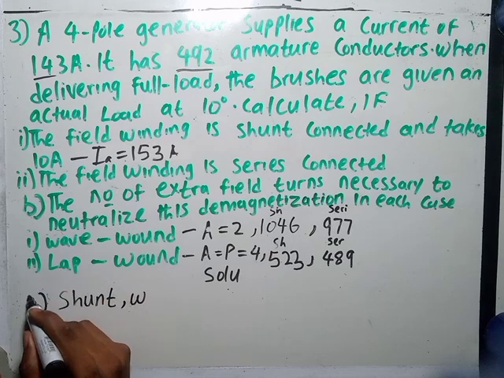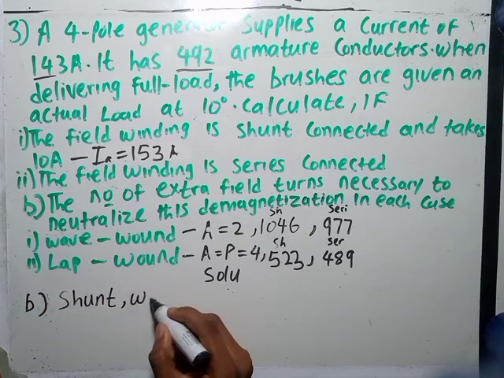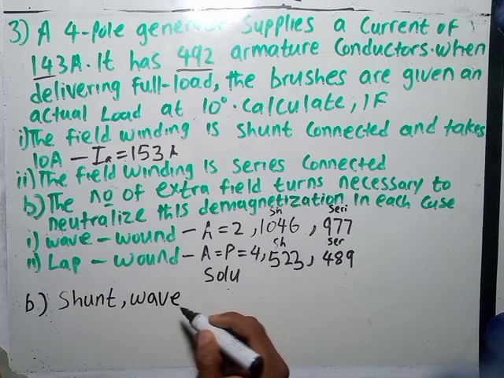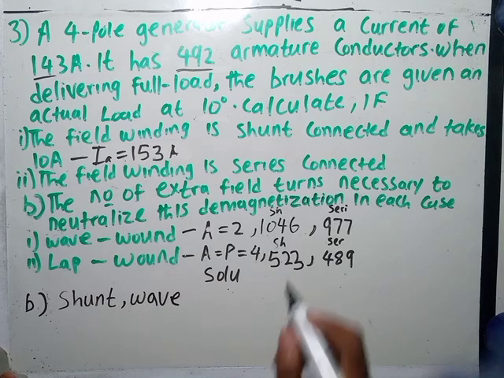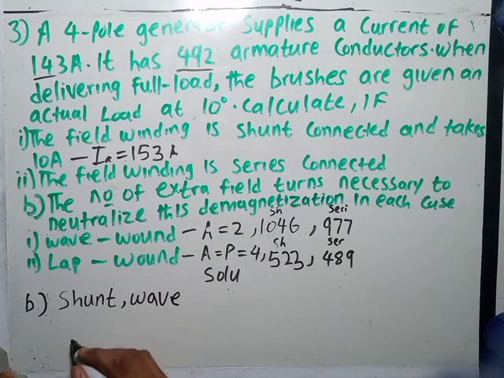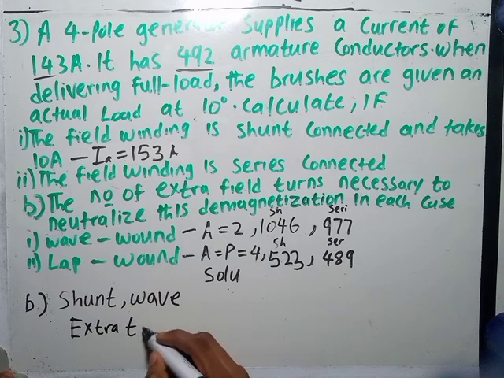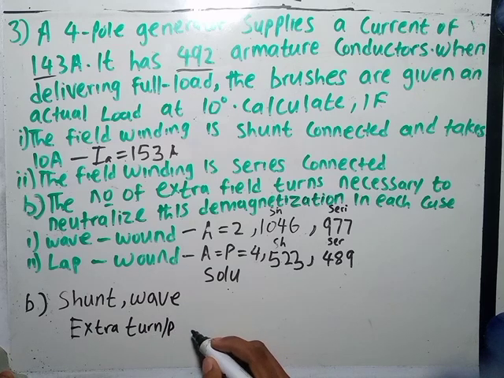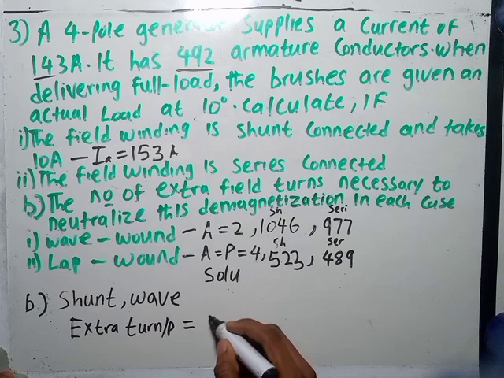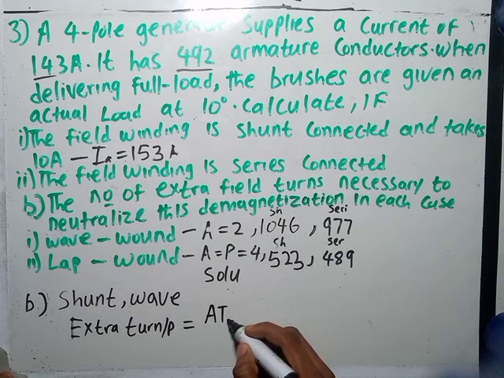Now we're dealing with the B part. For this case, we have that our extra turn per pole is given to us as our ATD.